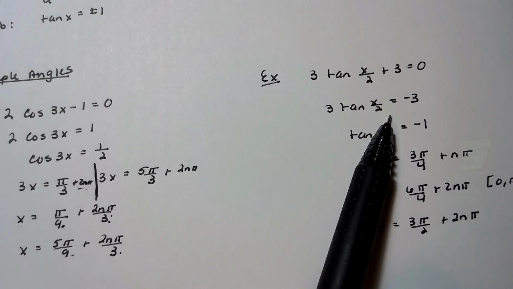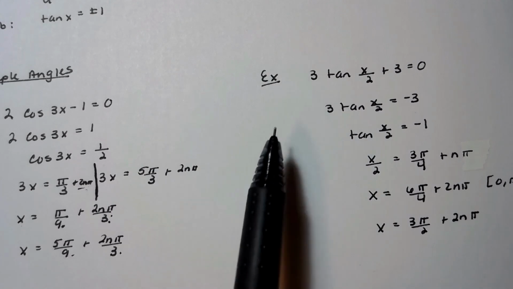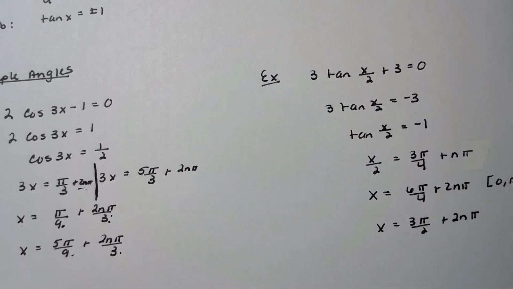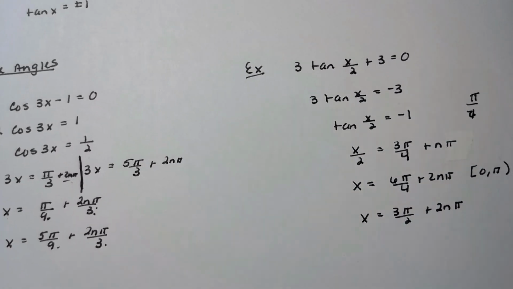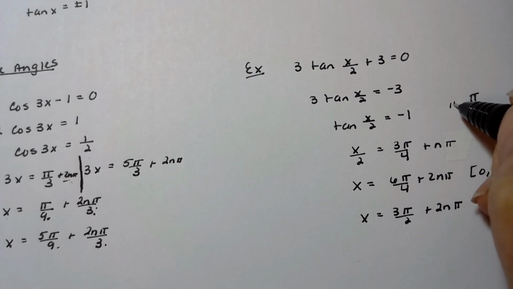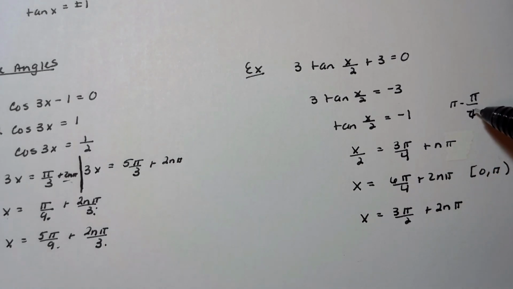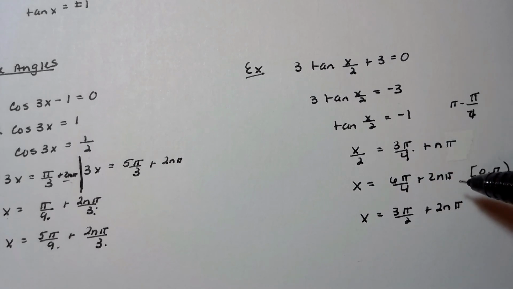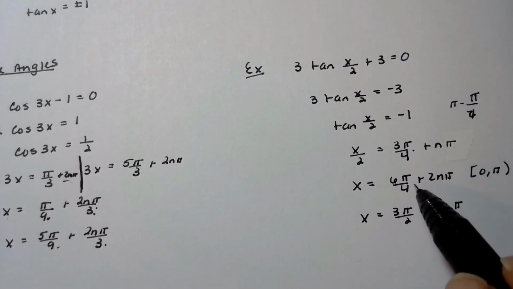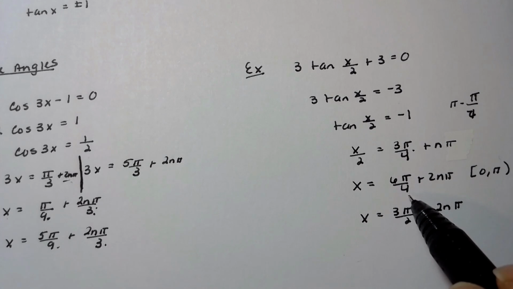So quadrant 2 and quadrant 4 is where the tangent is going to be negative. So in quadrant 2, if this is a multiple of pi over 4, if I subtract that from pi to get my quadrant 2 angle, it's 4 pi minus pi, or 3 pi over 4. And in quadrant 4, 2 pi minus pi over 4 is going to give me 6 pi over 4.